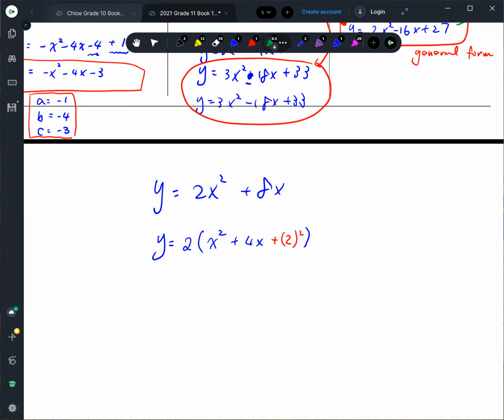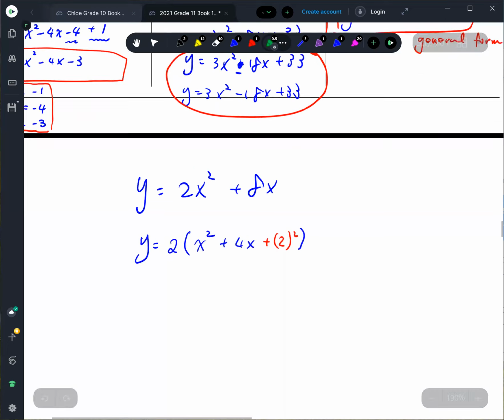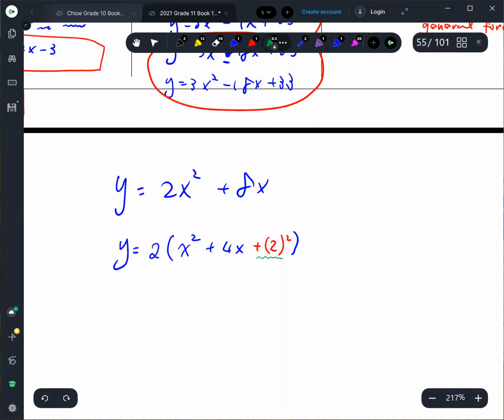Balance. You need to balance the thing that you add. You added 2 squared. How do you balance that? Minus 2 squared outside of the bracket. Yeah, minus 2 squared. What else? Times it by the number that you factored out at the beginning. What's the number you factored out? You factored out 2, so you need to times it by 2 as well.